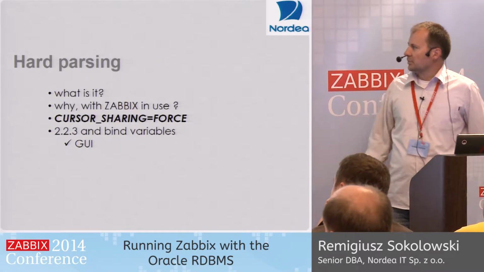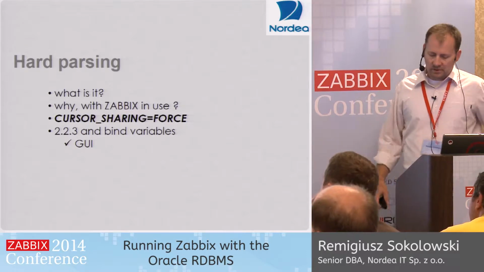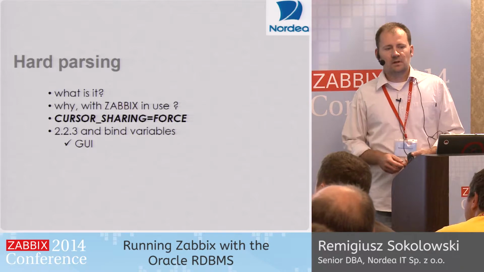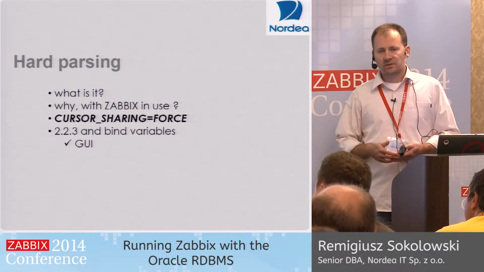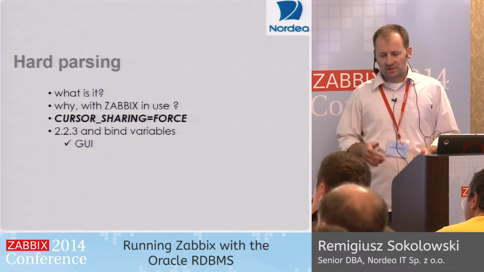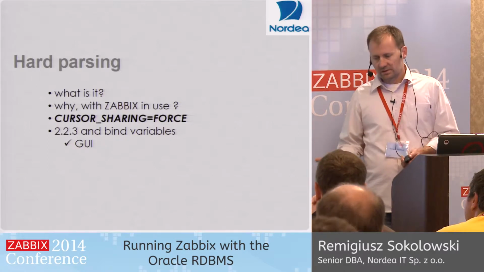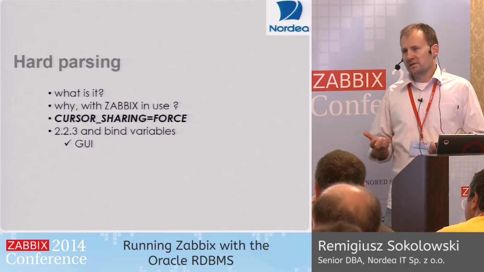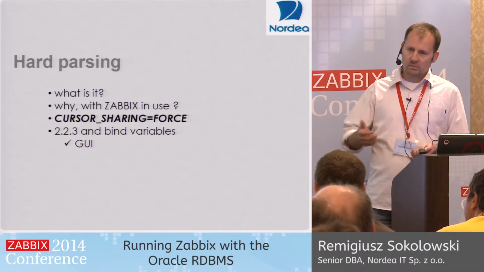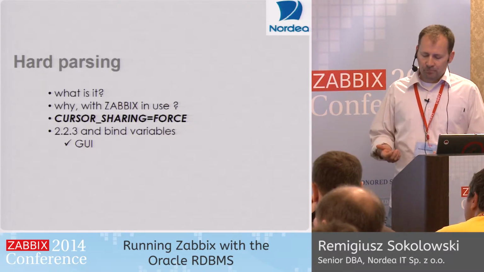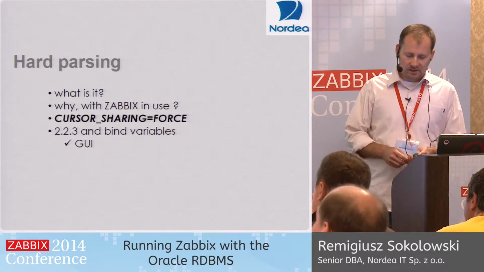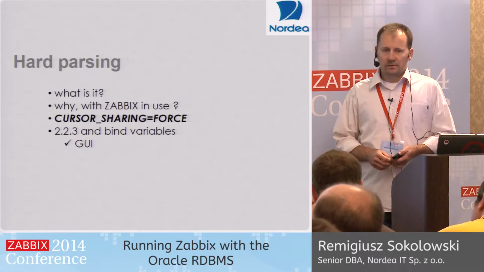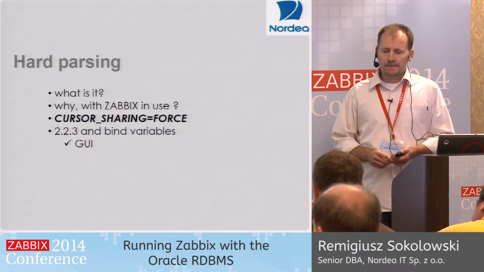More about hard parsing. In general, all databases do a step where, when they get an SQL sentence, they do some syntax and semantic analysis and create a plan or choose from many different plans. This is quite a complex step, especially for Oracle, which is itself a very complex database.